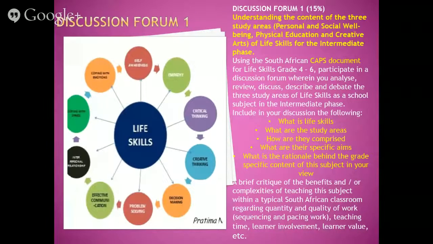It involves understanding the content of the 3 study areas in life skills, and it requires you to use the CAPS document in a discussion, not an essay, on what life skills is, what the study areas are, how they are made up, and what the specific aims are for each of these. What's the thinking behind the content of this subject for schools?